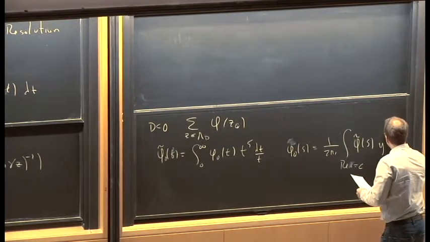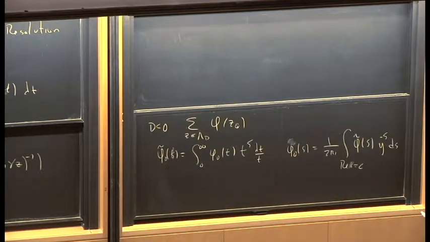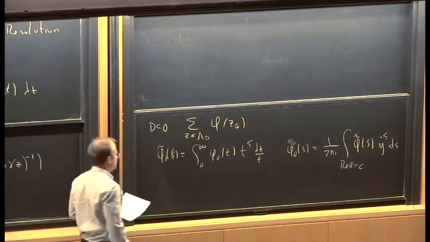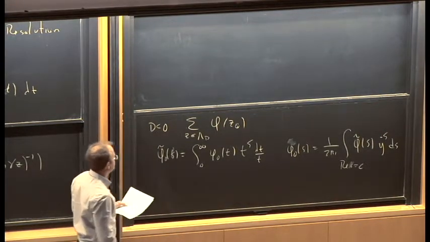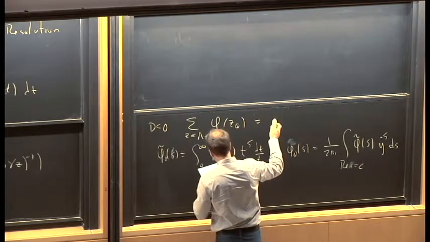And I can use this standard trick from analytic number theory to express this sum in terms of the Eisenstein series. So if I do that, let me just write it here. What do I get?